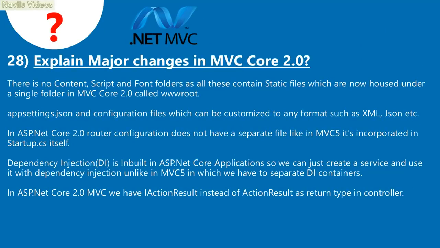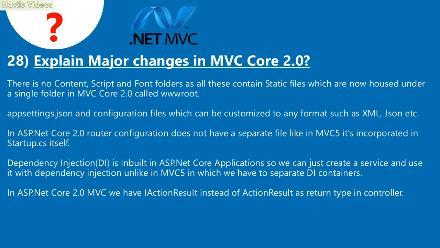28. Explain major changes in MVC Core 2.0. There are no content, script, and font folders, as all these contain static files which are now housed under a single folder in MVC Core 2.0 called wwwroot. Appsettings.json and configuration files can be customized to any format such as XML, JSON, etc. In ASP.NET Core 2.0, router configuration does not have a separate file like in MVC 5.